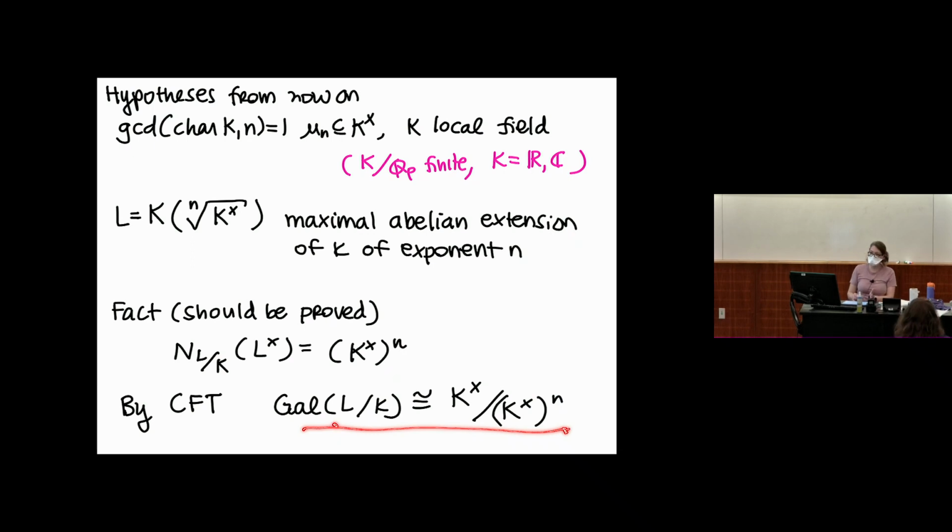Every Galois element is some Frobenius, and you can send it to some prime over there, and there was an isomorphism if you mod out by the norm group of L. Since the norm group is there, that's the reciprocity law for this extension. And that's why it's important that we're working with a local field, so that our A set is K cross. If I was trying to say this over Q, I would need some adele situation there, which I don't want. Okay, so I have this fact.